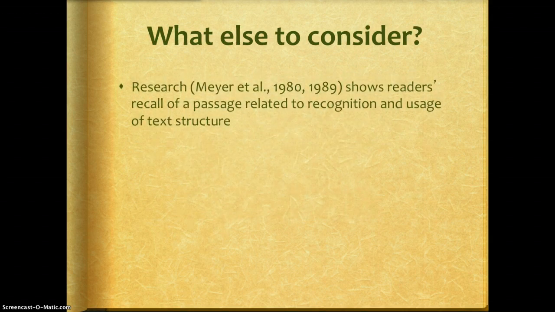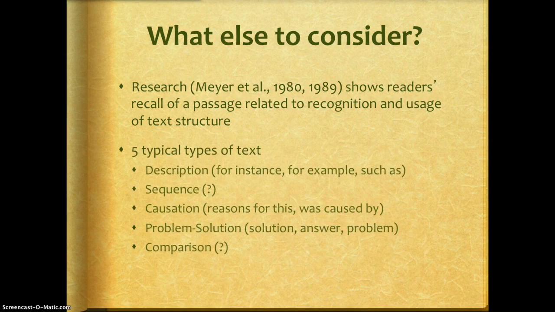Well, we know that if we can help students realize that there is a text structure and use that structure, they can understand themselves better. So for example, the types of text structure that are out there, we talked a little about this several weeks ago, but description.